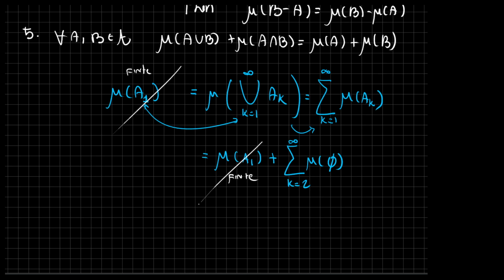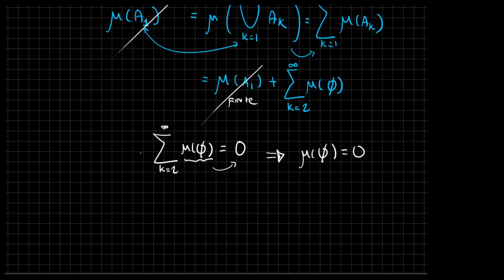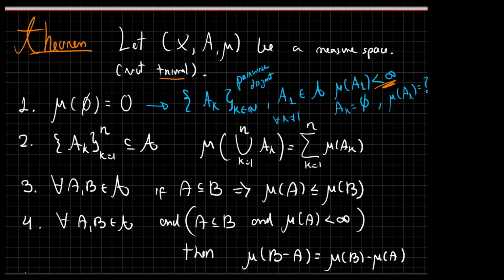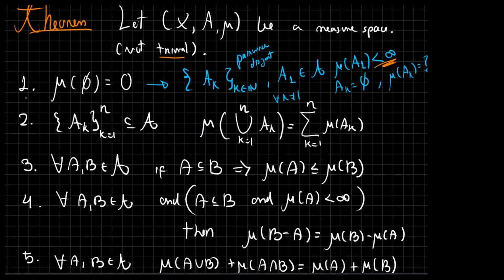You can cancel them out, so you will have that this series is equal to 0. And so if you have a series of constant terms and this series converges to 0, then this should be 0. Otherwise, for any other value, the series will diverge, right? That's clear. So we prove this here.